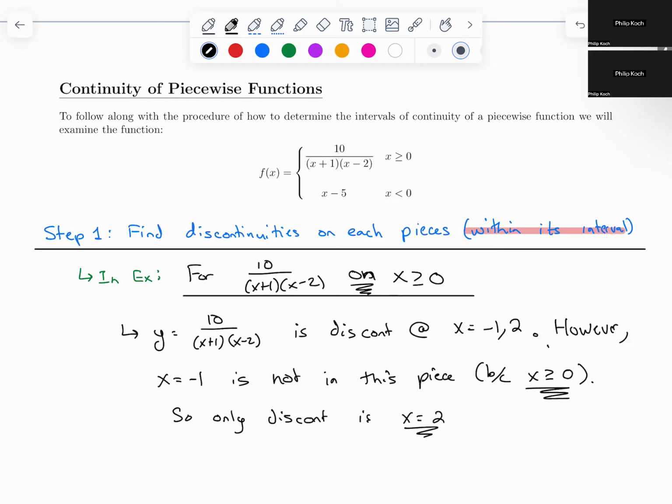Yes, absolutely. Because f only equals 10 over (x plus 1)(x minus 2) for values greater than or equal to 0, when we plug in negative 1 we're working with the secondary function. So we don't need to worry about it.